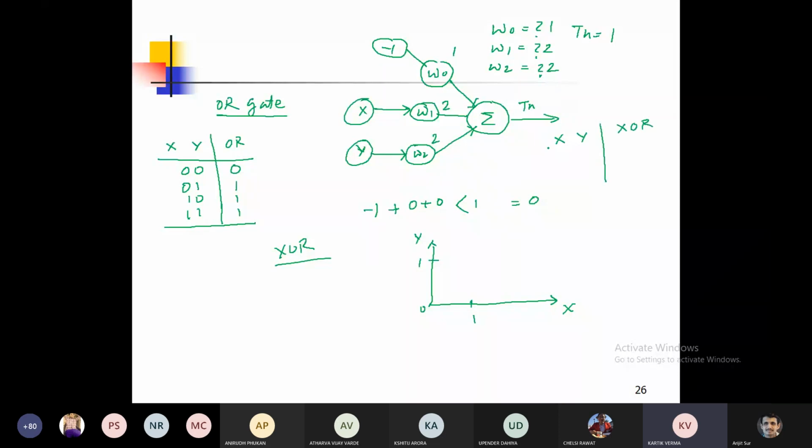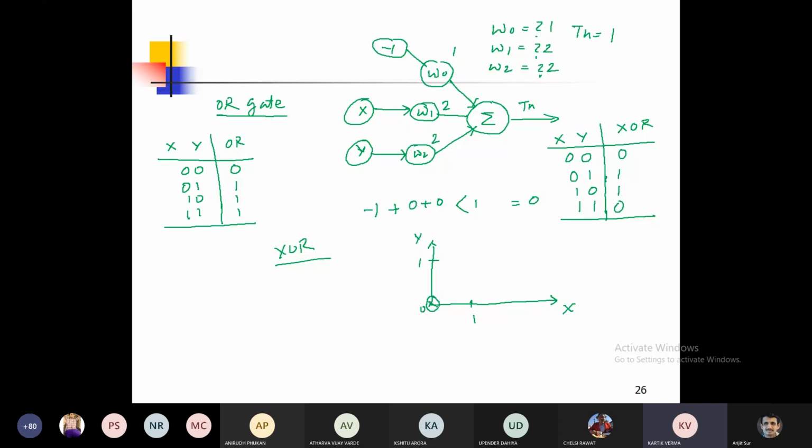Bolo? 0, 0. 0, 1. 1, 0. Ye dono 1 hai, ye dono 0 hai. Theek hai. So now you can say that when x and y are both 0, it is 0.